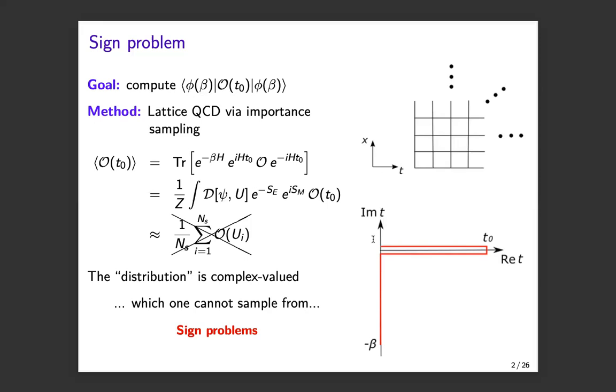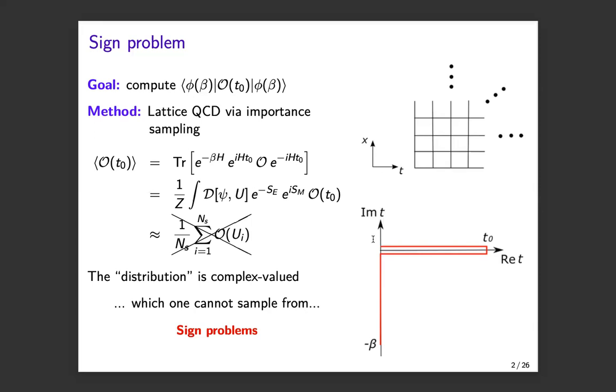To do this kind of calculation, you often have to have both real-time evolution and an imaginary time extent. So your time contour takes, for example, an L shape. You first go forward in time, then go back, and then take this imaginary time extent to have a finite temperature.